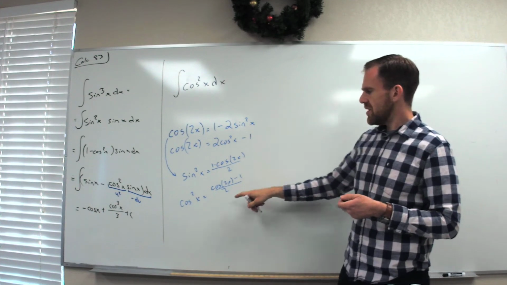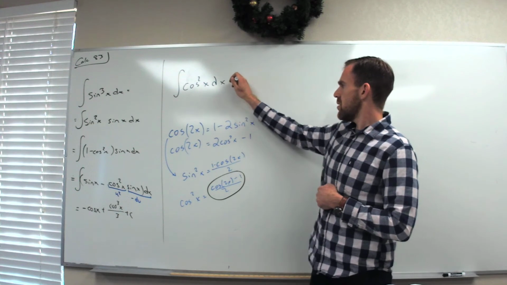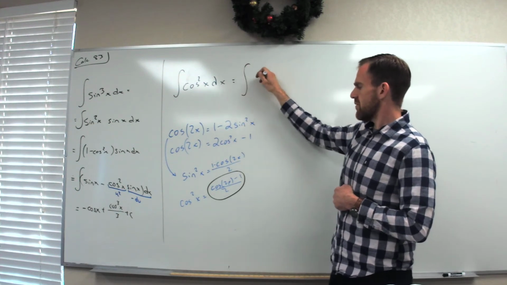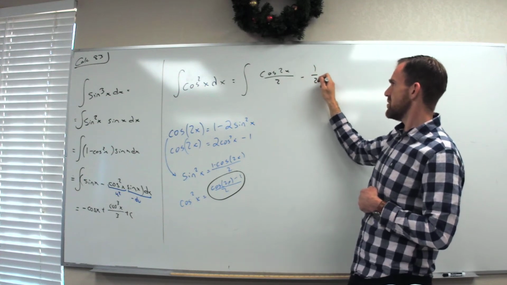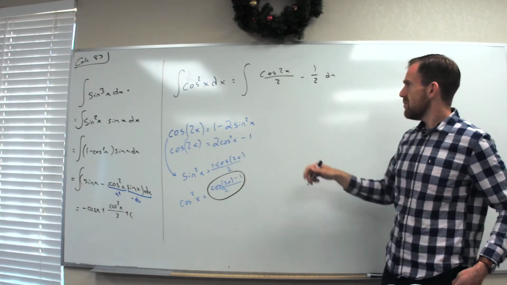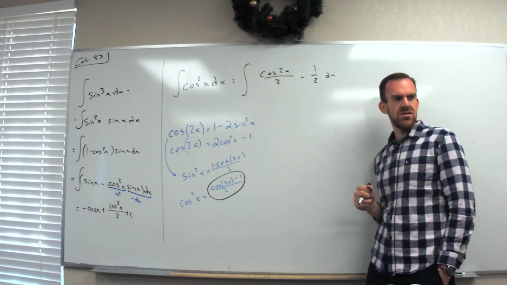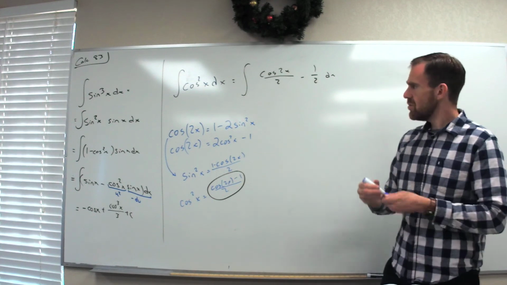Well, I'm going to substitute in. I have cosine squared, so I'm going to use this substitution. So this is the integral of cosine of 2x over 2 plus 1 over 2. Just splitting this up. Can we integrate cosine of 2x over 2? Yeah, sure. What is u?